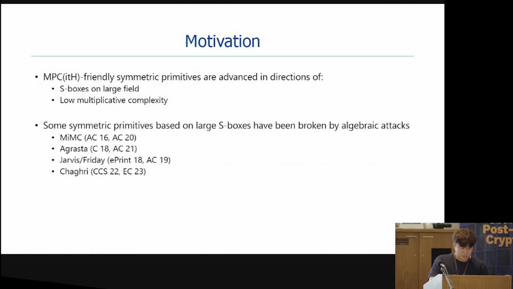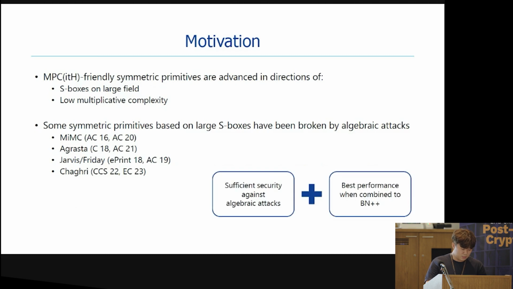However, some symmetric primitives were recently broken by algebraic attacks, such as MiMC, Jarvis, Friday, and Chaghri very recently. So we target both sufficient security against algebraic attacks and the best performance when combined with the BN++ proof system.